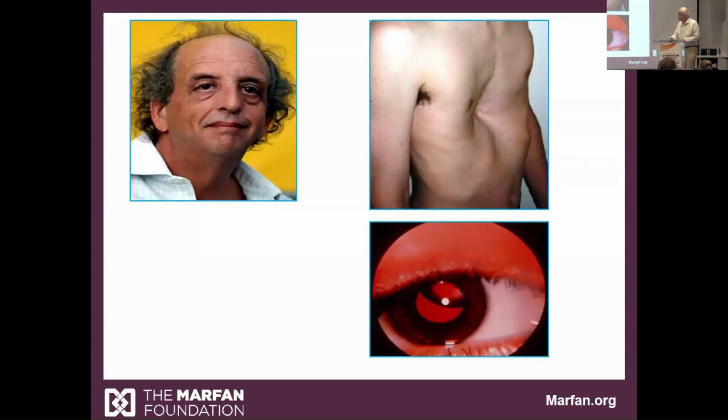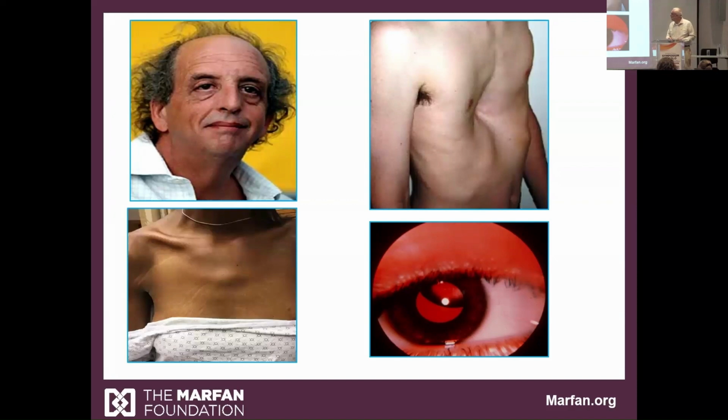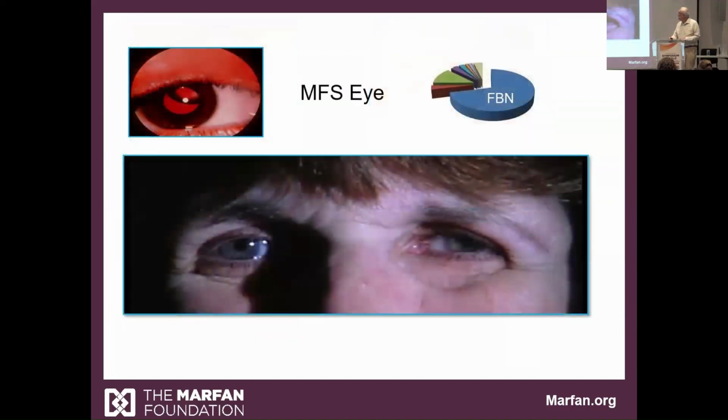The TGF-beta signaling causes all of these alterations in the body, and the lenses become dislocated in the eye, and I'll show you a slide about that. Breakdown of elastic fibers in the skin can be quite dramatic. And in the eye, we look for a certain type of movement, which is supposed to be running, but is not.